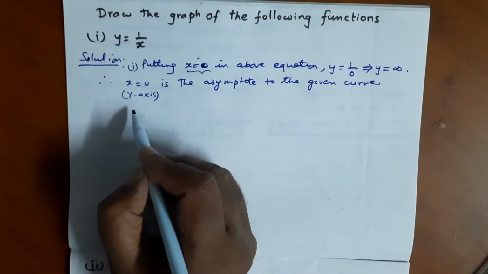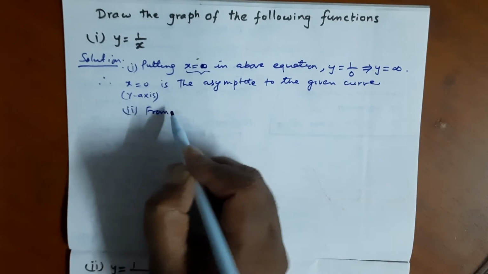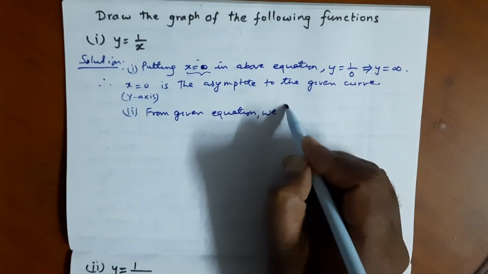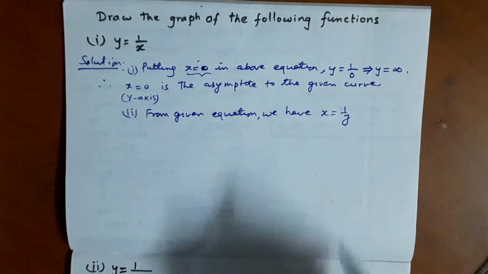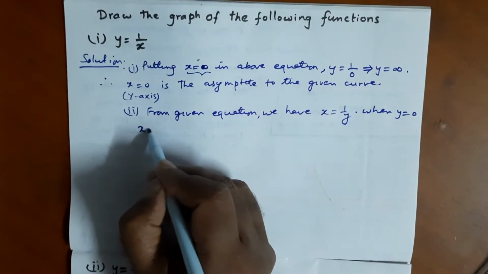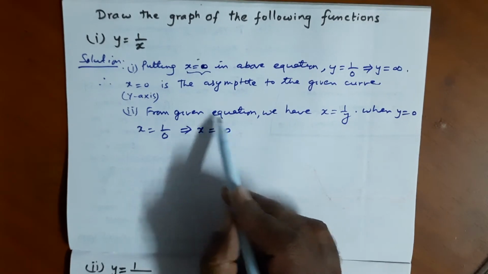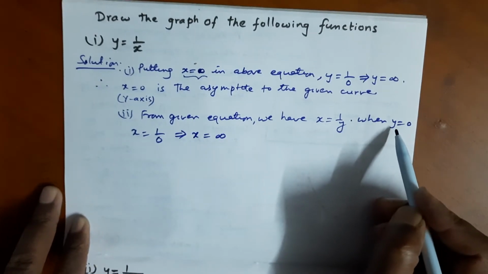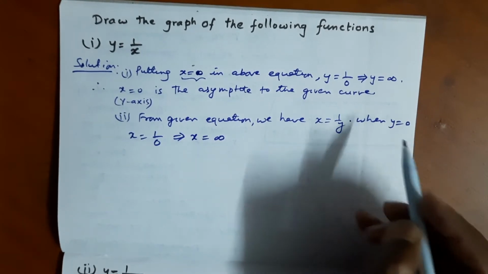Similarly, the next characteristic is from the given equation. Here you can write x equals 1 over y, and when y equals 0, x equals 1 over 0, which implies x equals infinity. So when one variable's value is infinity and at the time the other variable equals a finite value, this equation gives us an asymptote.